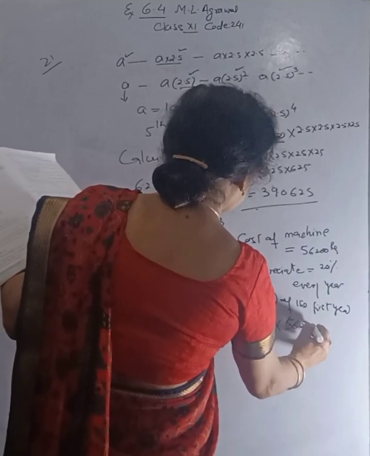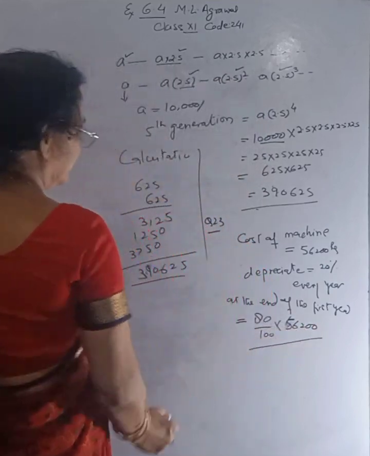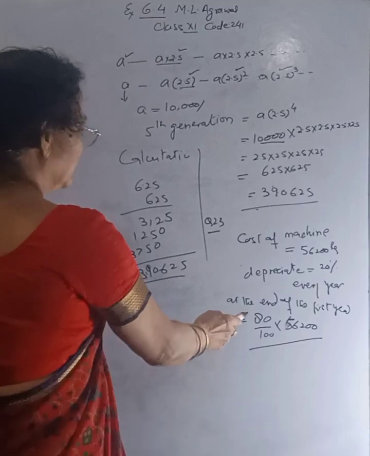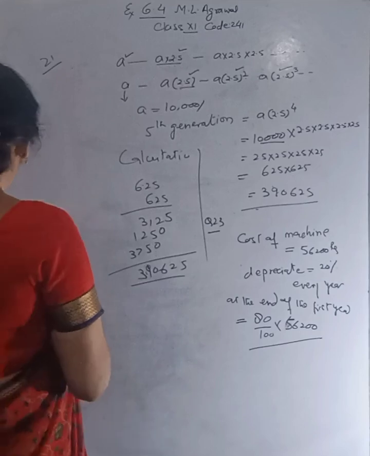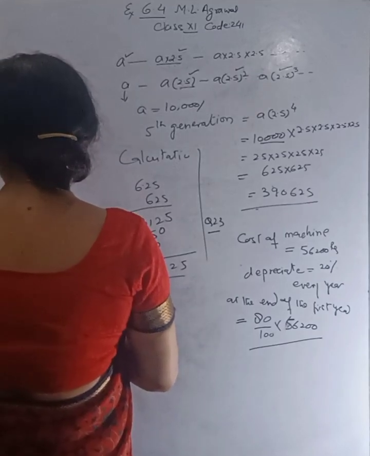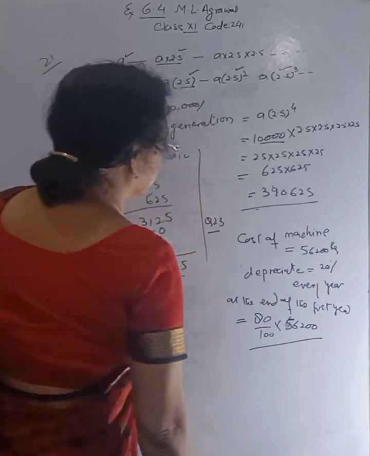It gets depreciated. It means at the beginning of the second year, the value of the machine becomes 80% of the original cost at the beginning of the first year. Okay. We have to find the estimated cost at the end of the third year.